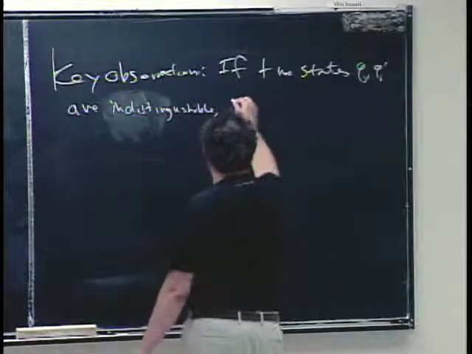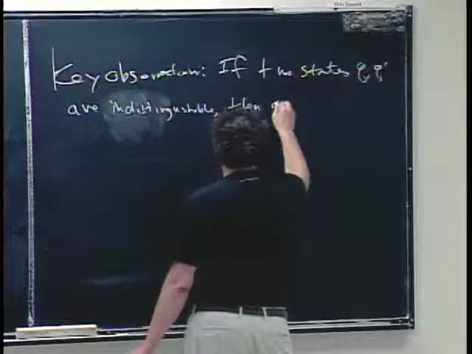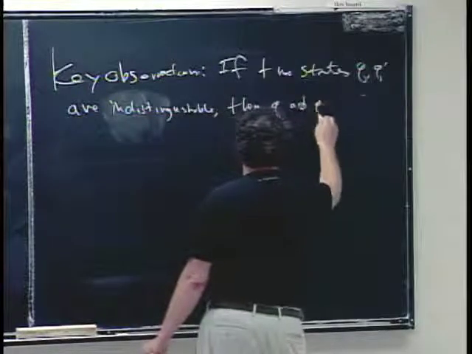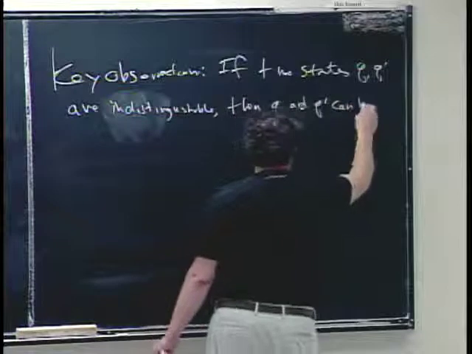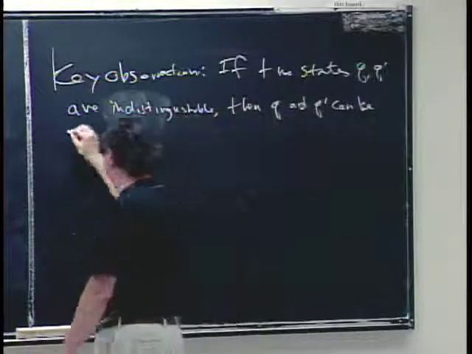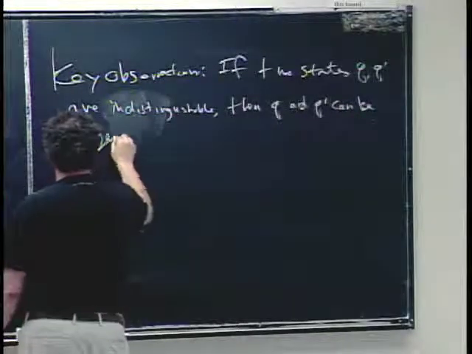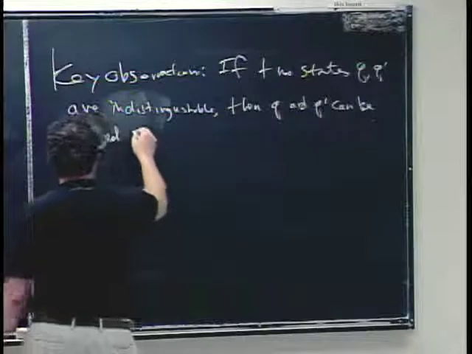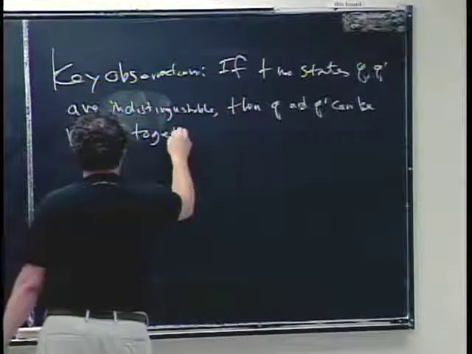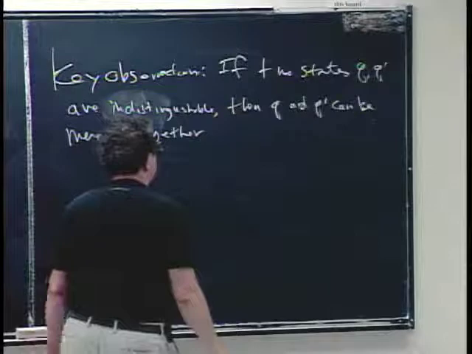If they're indistinguishable, then Q and Q prime can be merged together. And the way we'll do that is the following.